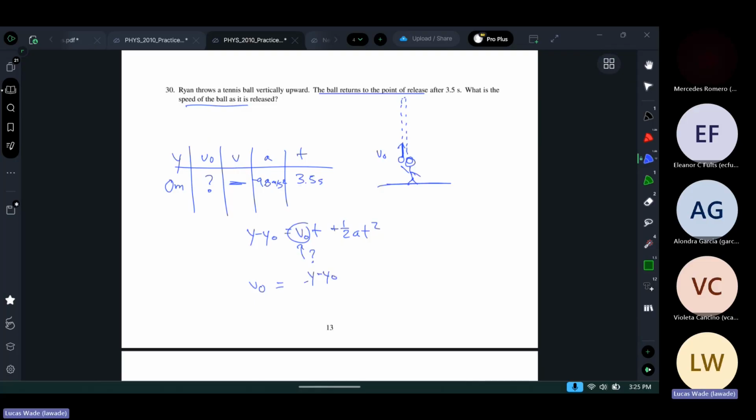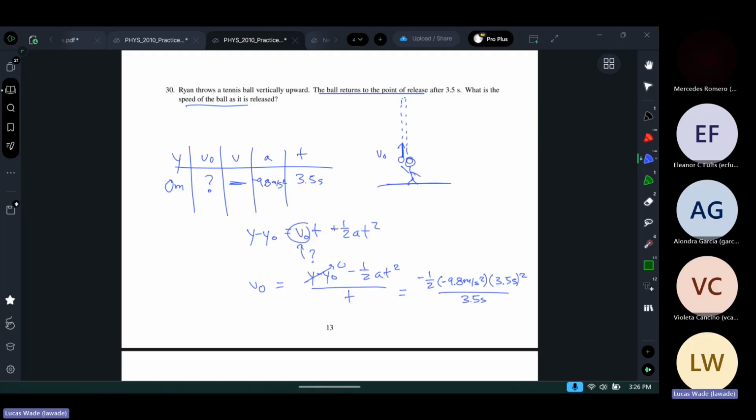It's that displacement, which is 0 anyway, minus 1/2 AT squared all over T. So that's minus 1/2, negative 9.8, T is 3.5, all over 3.5.